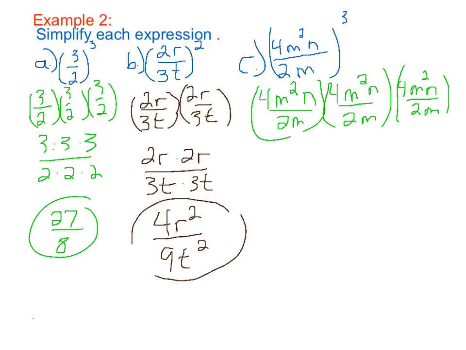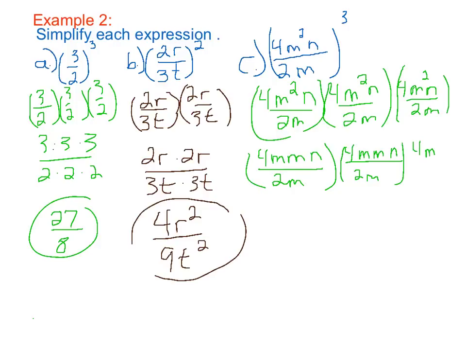Alright, so if we look inside the parentheses, I'm just going to write them in expanded form. So this means we have 4m times m times n over 2m. And again, we have 4m times n over 2m. And then we have it again, 4m times n over 2m.